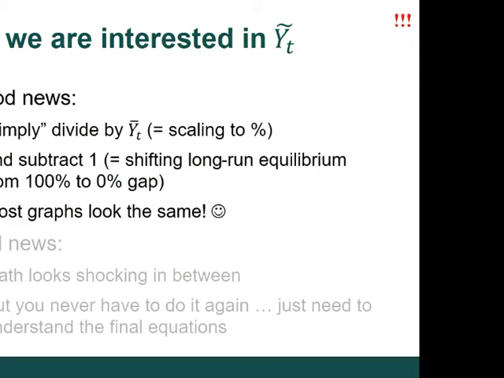Number 2, we shift the whole thing towards the left so that we are focusing on the 0 point, because we are interested in whether the economy is positively deviating from its normal running or negatively deviating from its normal position. That's what we're after. So the graphs basically look all the same, and the economic intuition is exactly the same as we did beforehand. The math looks a bit tough, but we just do it once to understand what's going on, and then you can kind of forget about it again, as long as you understand the final result, the final equation that comes out of this.